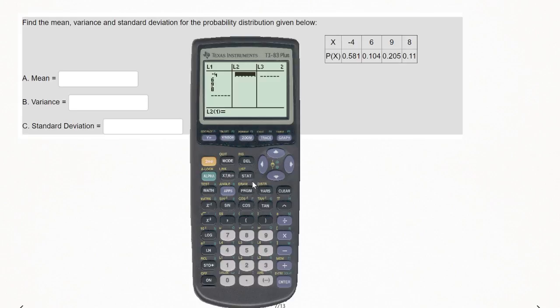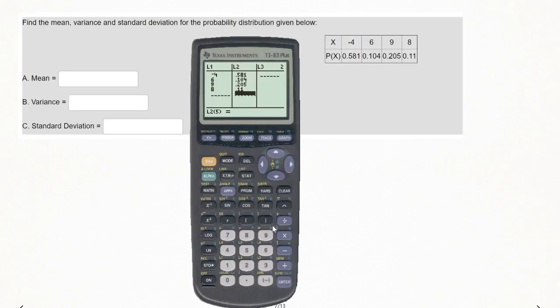So our probabilities would be 0.581, 0.104, 0.205, and 0.11.